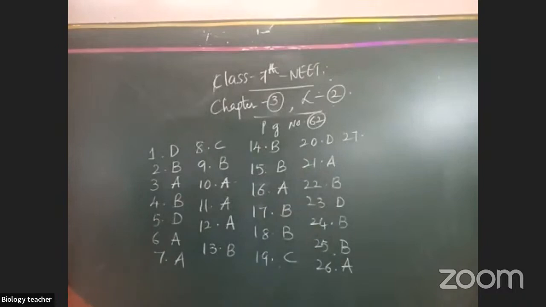During heavy exercise, we get cramps in the legs due to the accumulation of lactic acid. 27. C.